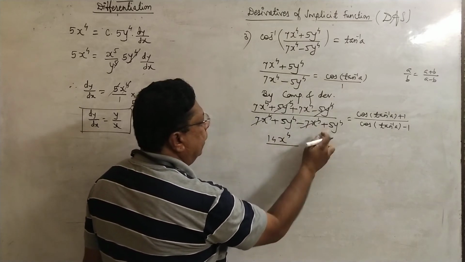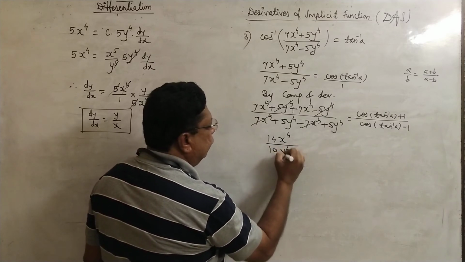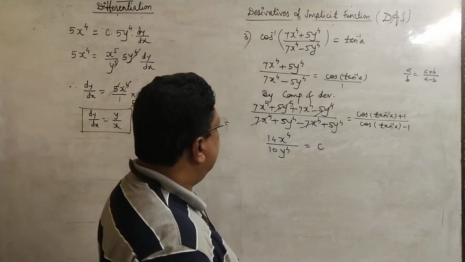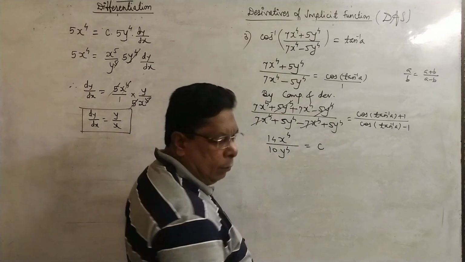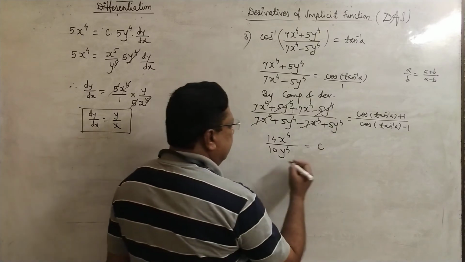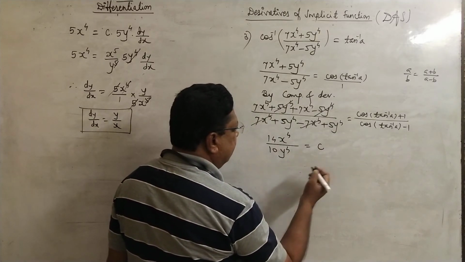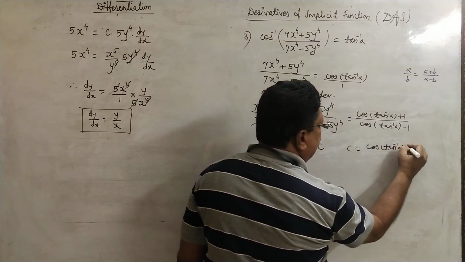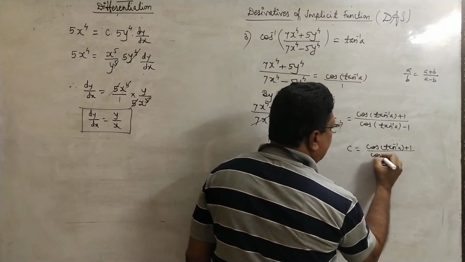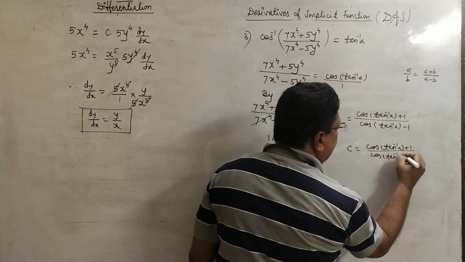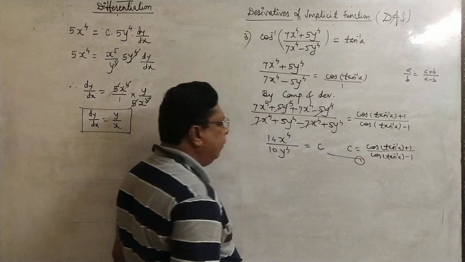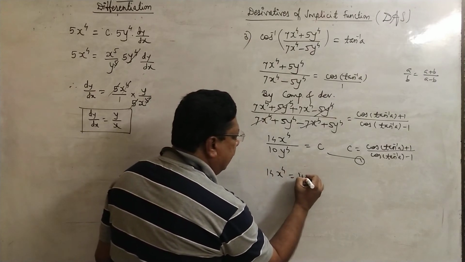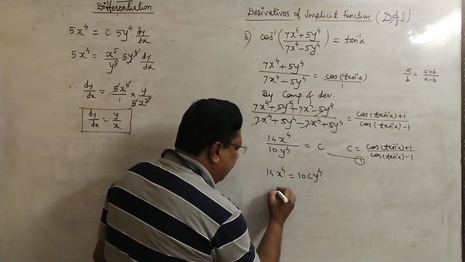In the denominator, 5 plus 5, 10y raised to 4 is equal to C. Therefore, C is equal to cos of tan inverse a plus 1 upon cos of tan inverse a minus 1. Call this equation 1. So 14x raised to 4 is equal to 10c y raised to 4.